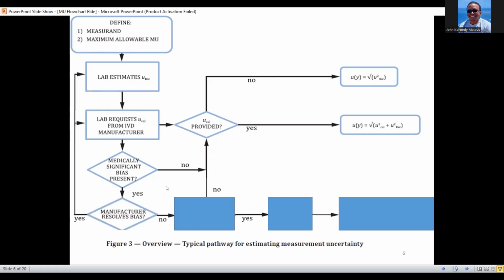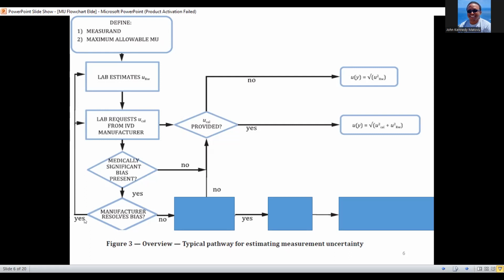All right, what if we have a medically significant bias present? So Irina, here's where, before we do any changes in recalibration, we have to ask ourselves, and then we have to communicate to the manufacturer if this bias has already been resolved from their end using their calibrator. Because if we keep on recalibrating, it might not be helpful.